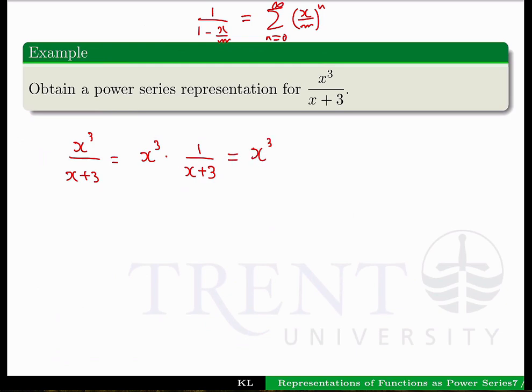So we have x cubed times... First, we can factor out 3, so that we will have 3 times 1 plus x over 3. Furthermore, we need a minus. So here, we can rewrite this as x cubed over 3 times 1 over 1 minus negative x over 3.